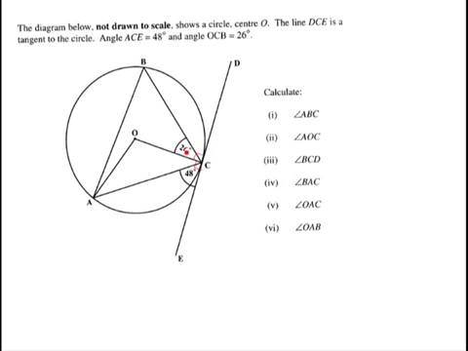So the angle in the alternate segment, the major segment over at B, should actually be equal. The angle in the minor segment between the tangent and the chord is equal to the angle over there in the major segment at the circumference. That's the alternate segment theorem.